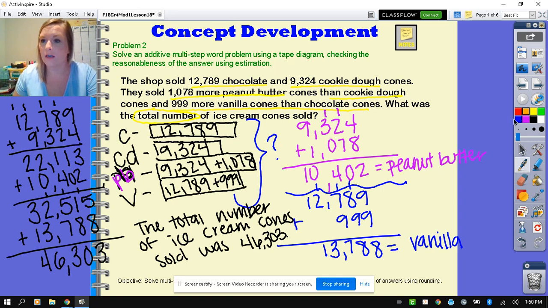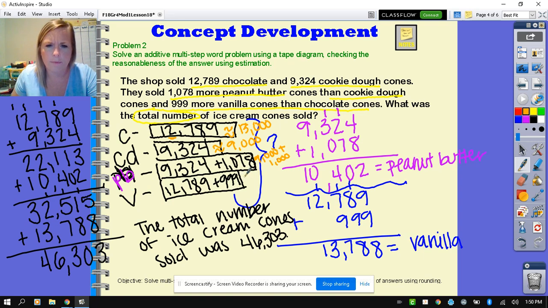Okay, so now that we've done all this, we're now going to check our reasonableness using estimation. So I'm going to come in here and we're going to round these to, again, the nearest 1,000. So I'm going to put our rounding in orange. So this number would be rounded to 13,000. And then we have about 9,000. And peanut butter would have been about 9,000 plus 1,000.